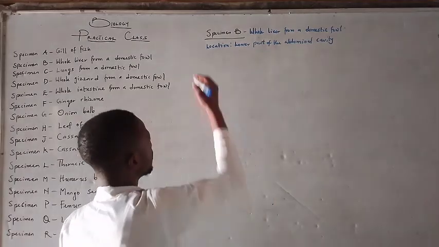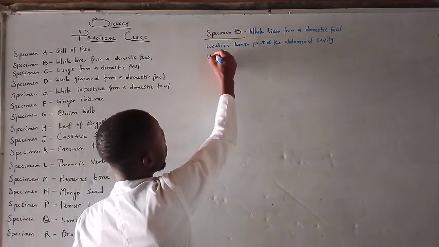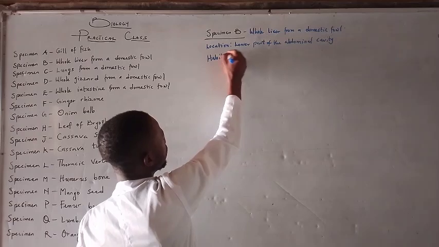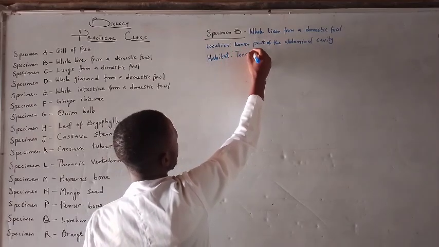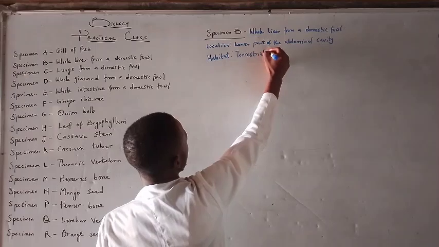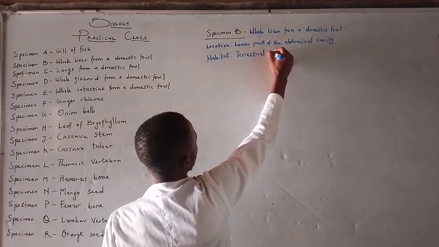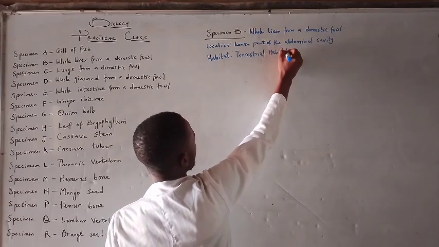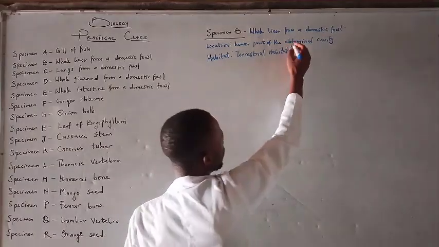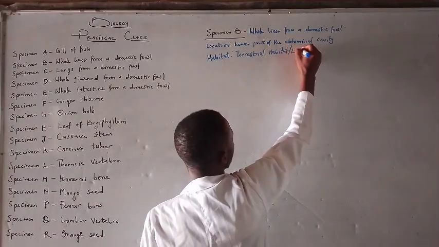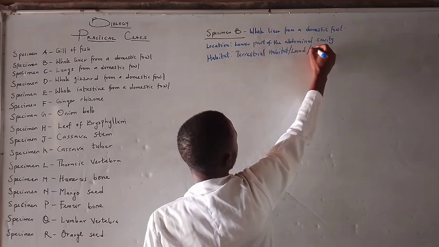Let's talk about the habitat of the specimen. The habitat is terrestrial habitat. Like I said earlier, try as much as possible to give examples of terrestrial habitat. Say land, garden.